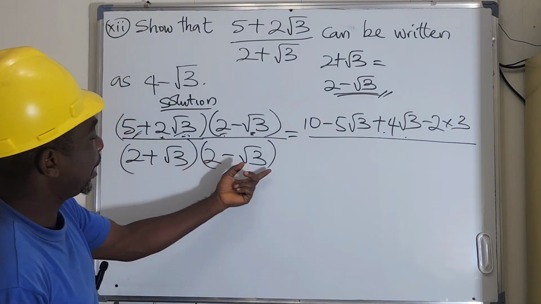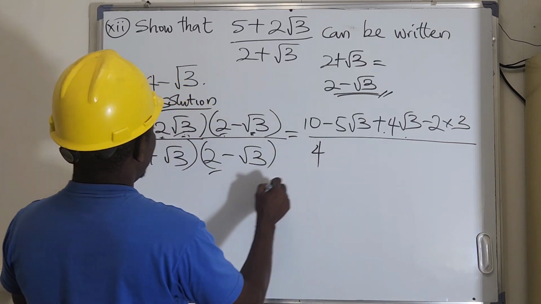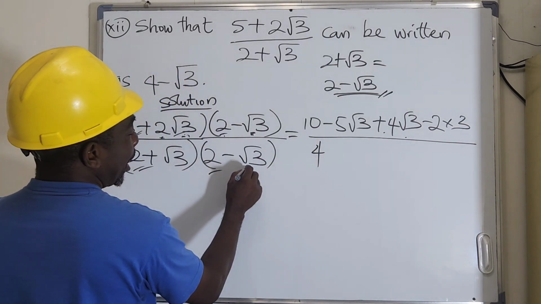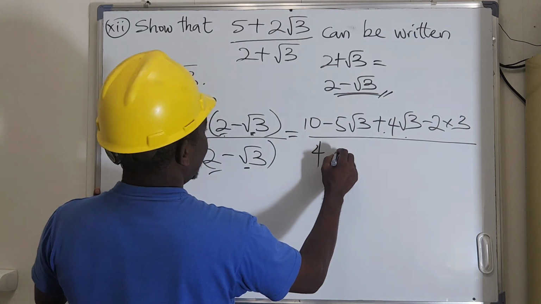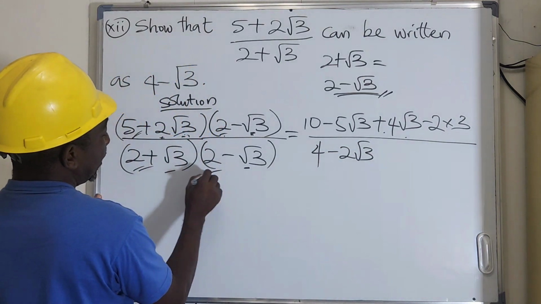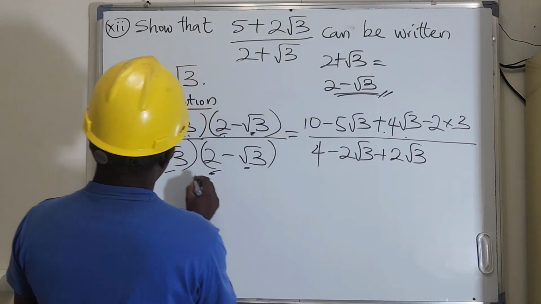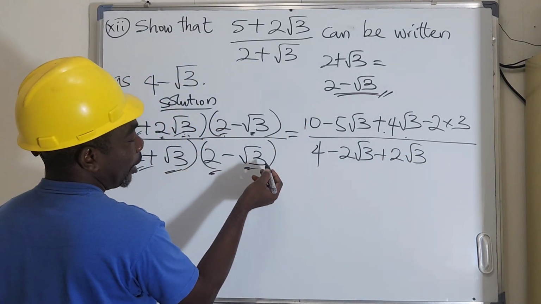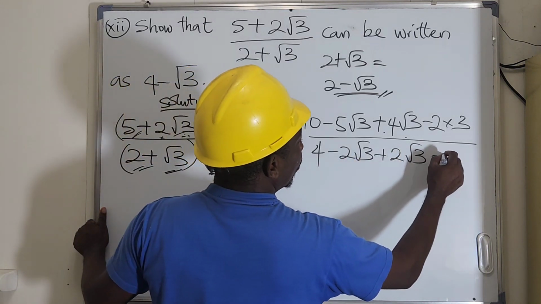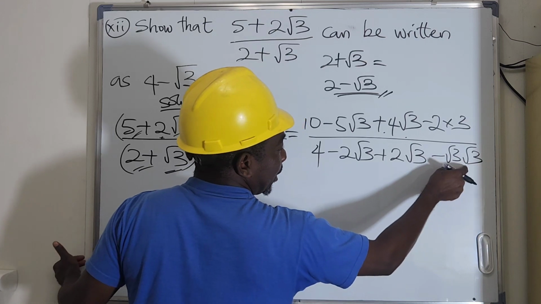All over the difference of 2 squares, we can expand it out in the sense that we have 2 times 2, we have 4. We have 2 times minus root 3, we have minus 2 root 3. Then we have root 3 times 2, we have plus 2 root 3. Then root 3 times minus root 3 is going to be minus root 3 root 3. Root 3 root 3 is 3.